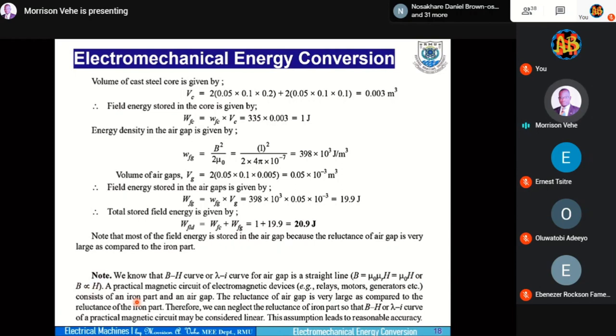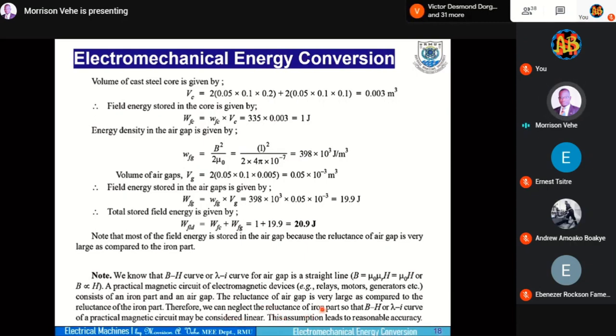So a practical magnetic circuit of magnetic devices, for instance, relays, motors, generators, okay, have, for instance, iron parts and then an air gap, like you have done in your magnetic circuit. So the reluctance of your air gap is very large as compared to the reluctance of the iron parts.